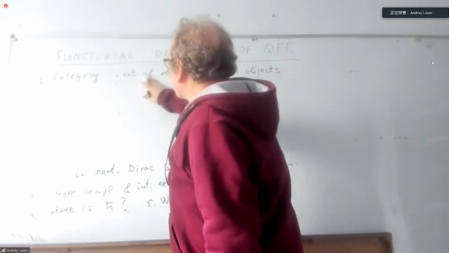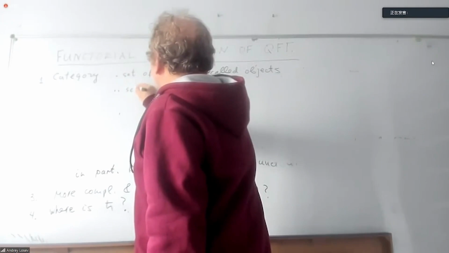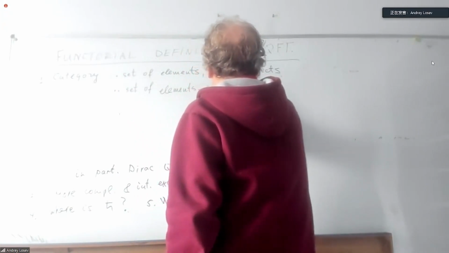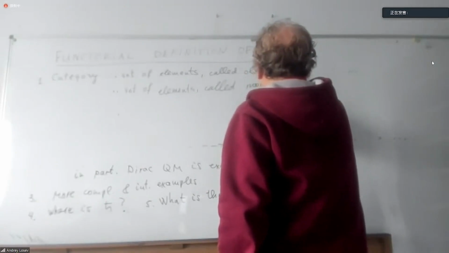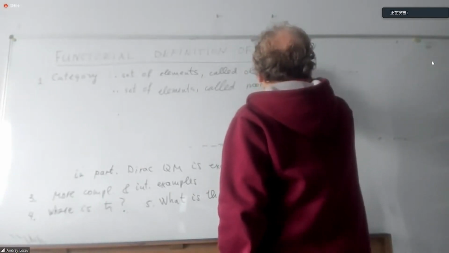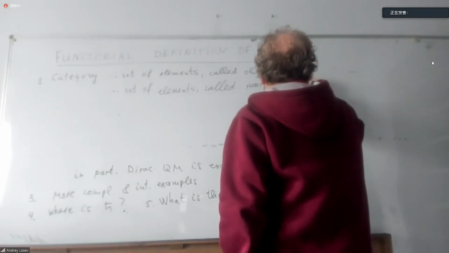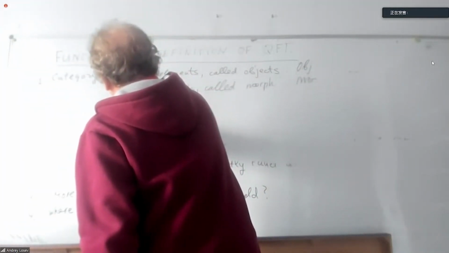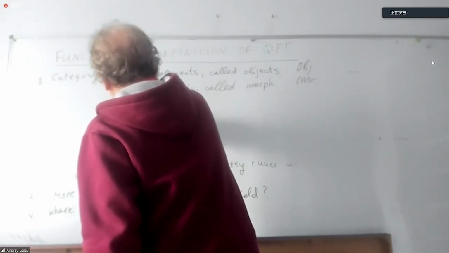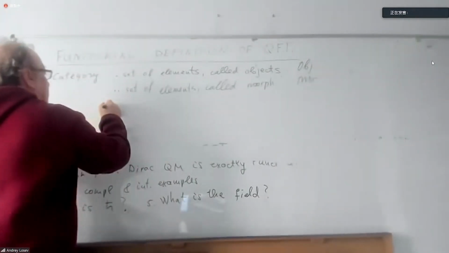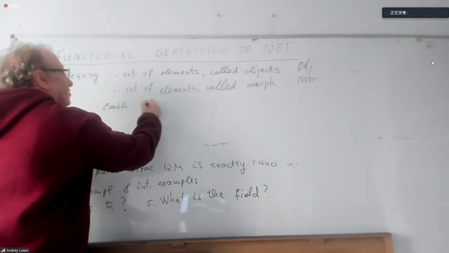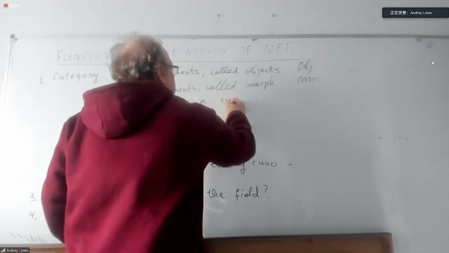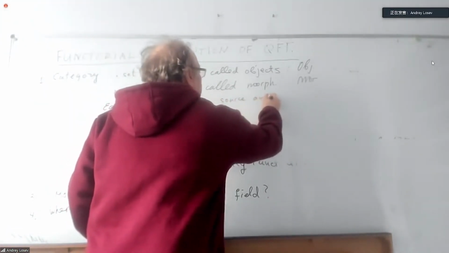So here is a set of elements called morphisms. Each morphism has a source and target.